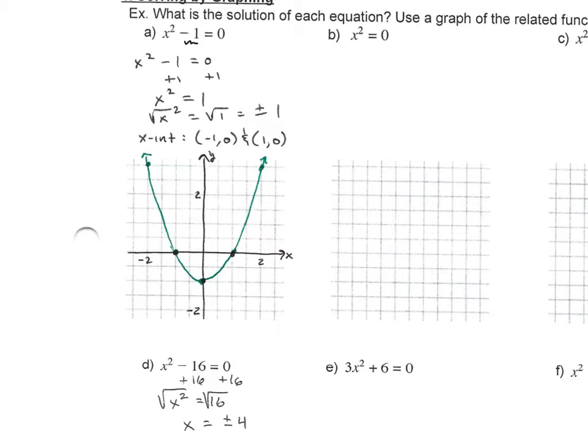Then I'm just going to graph those 3 points with a smooth line. I've also calculated this value up here, but at this point it's not necessary. If I were to input 2 into my function, f of 2 equals 2 squared minus 1, which is 3. So that's how I'm able to find those 2 points.